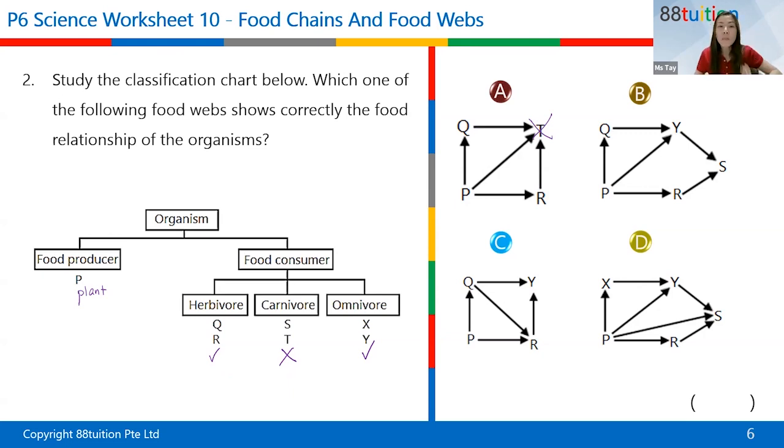You will always see Miss Day writing notes, making some remarks here and there, drawing. That will help, and is especially useful when you are checking your answer again after you completed your MCQ, right? So let's look at B. P is taken in by Q, by R, by Y. This seems to be correct, isn't it?